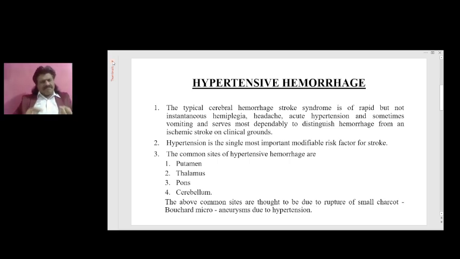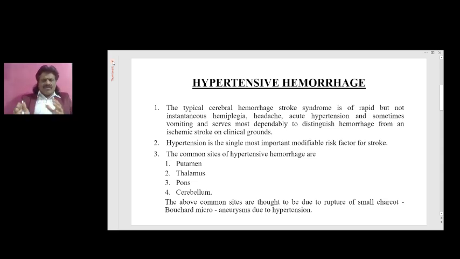The first is rapid onset, whereas in thrombus it is less rapid. Second is headache because of the raised intracranial pressure. Usually there will be acute hypertension and vomiting. So if these four factors are there, it is more in favor of hemorrhage rather than thrombosis or ischemic stroke.